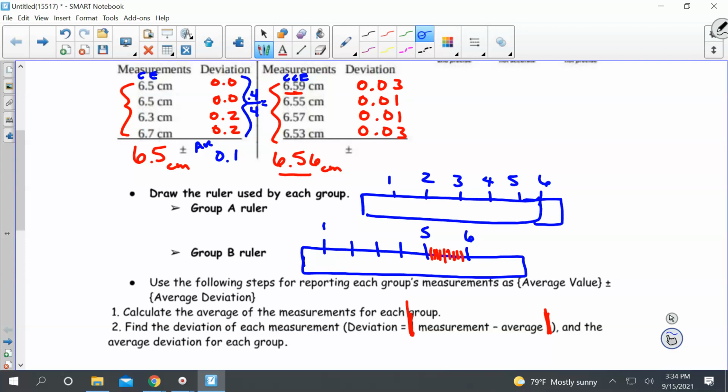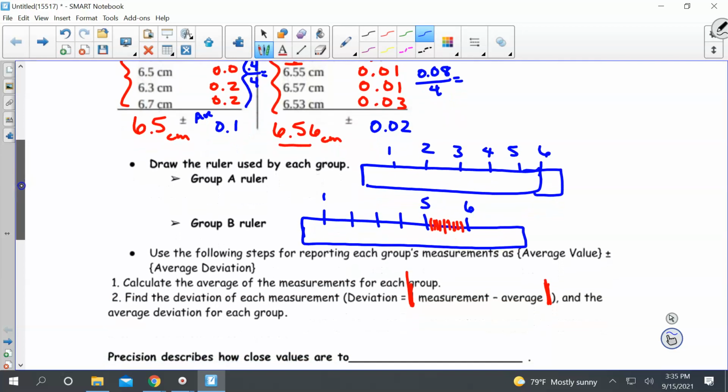If I add these ones up, it would have been 0.08 divided by 4. It looks like my average deviation is 0.02 centimeters. So that's what the average deviation is. We're just looking at what is the average and how far did each measurement deviate, or is it away from the average.